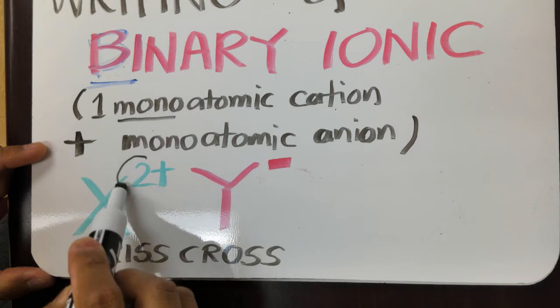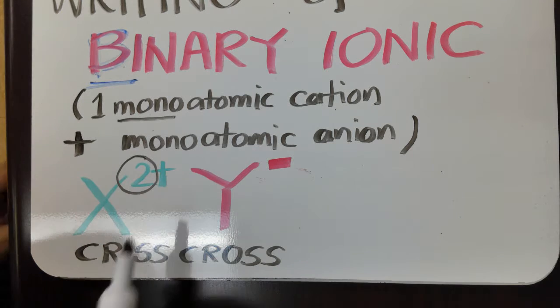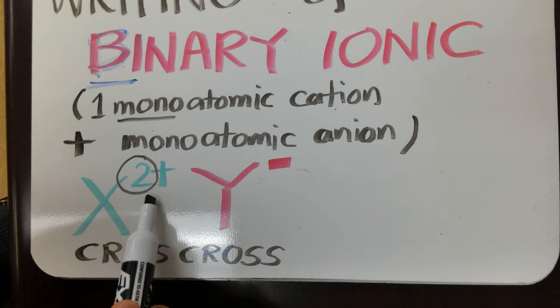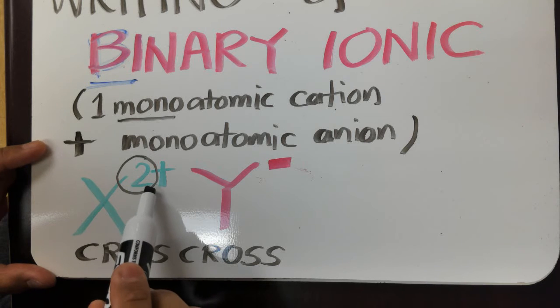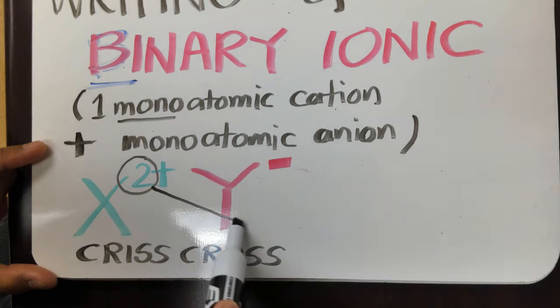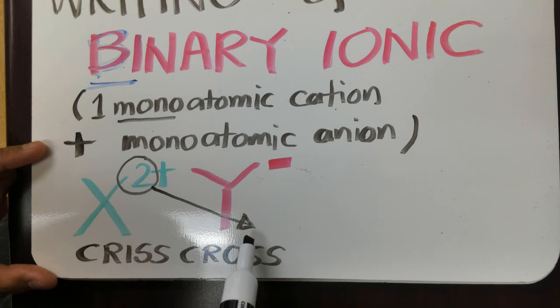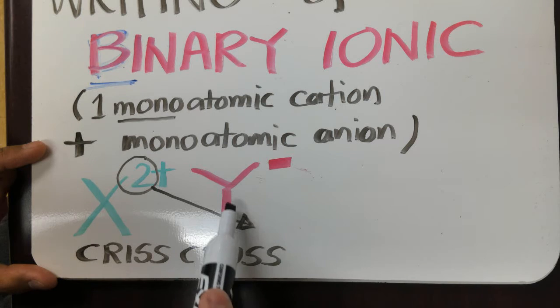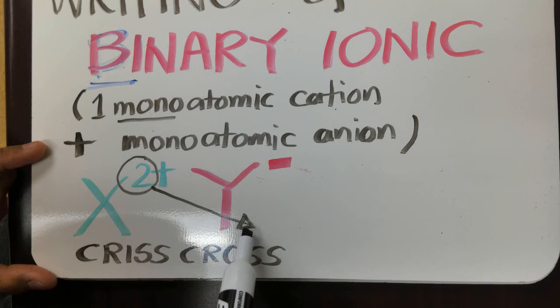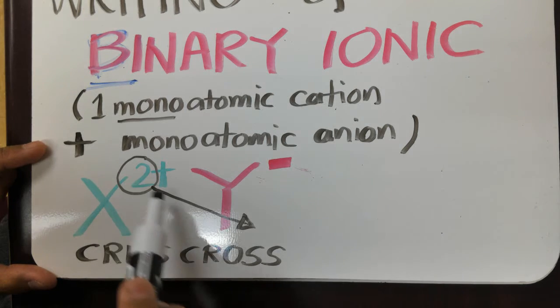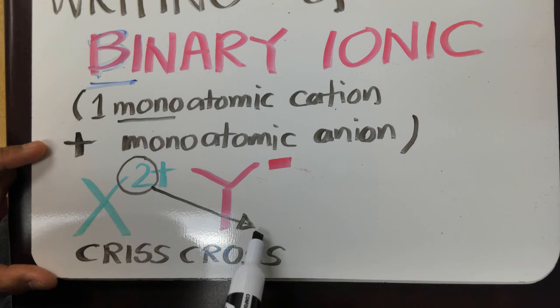Encircle the numerical value of the charge or oxidation number of the cation first, and then it will go to the subscript, to the bottom right of the anion element. So the 2 will transfer to the bottom right of y.